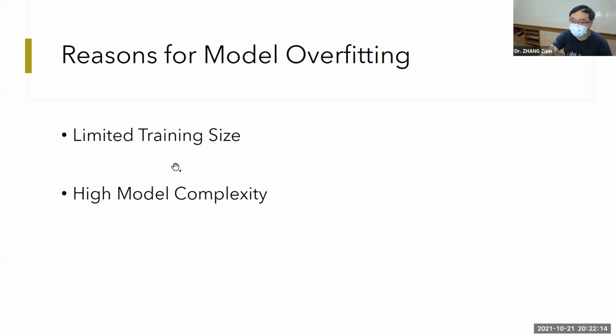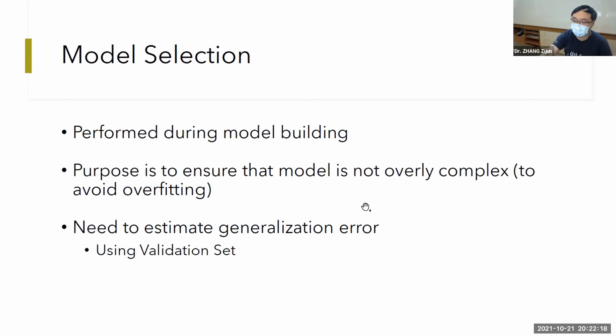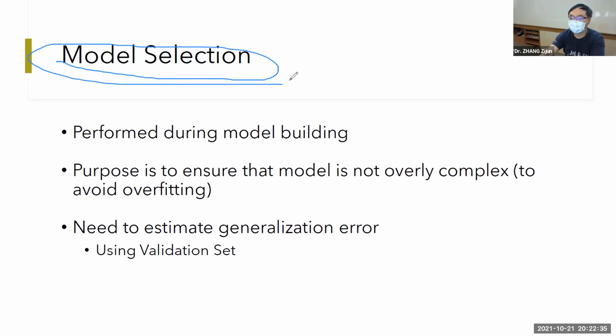But if we have limited training data, then what should we do? We need to control the model complexity. Okay. First, we need to select the model. Check whether the model is accurate enough or if the model is easy to overfit.